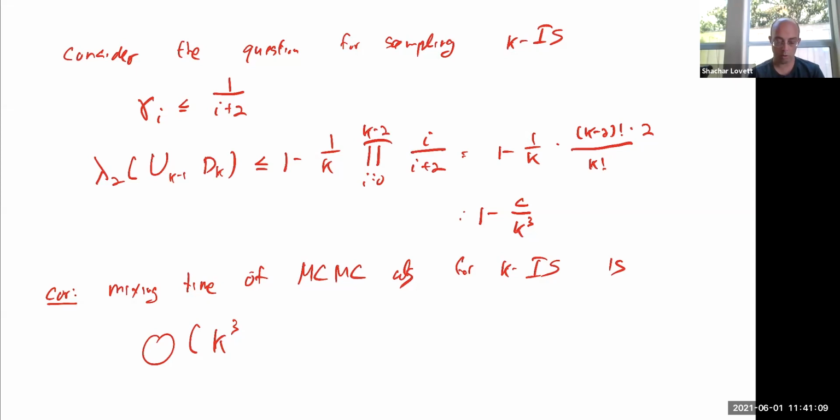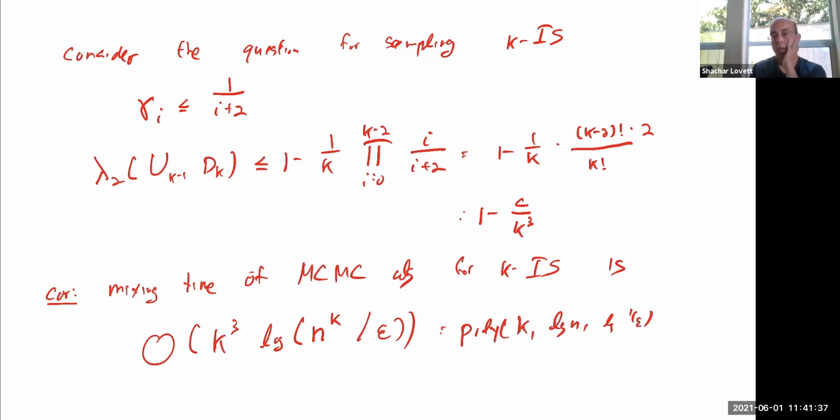So log of what? How many independent sets do we have in general? At most n to the k, over epsilon. So this is polynomial in k and logarithmic in n and 1 over epsilon, which is fast for us.